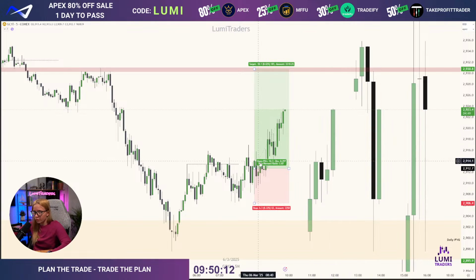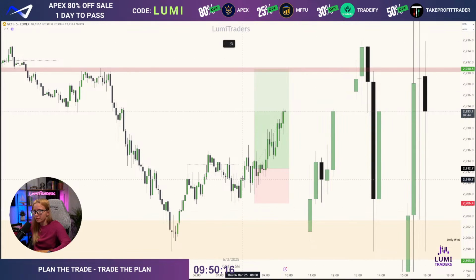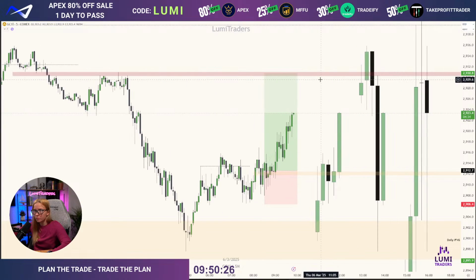So this could confirm this long setup from this 5-minute fair value gap. So we didn't have SMT right here, but once again we got this on silver. Then trying to retrace up.